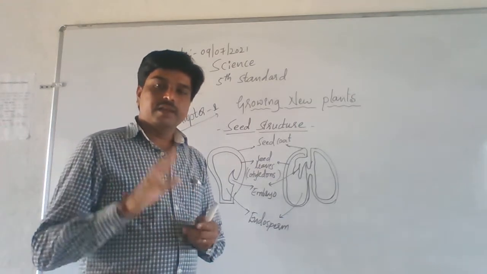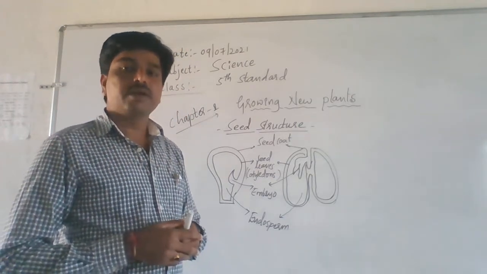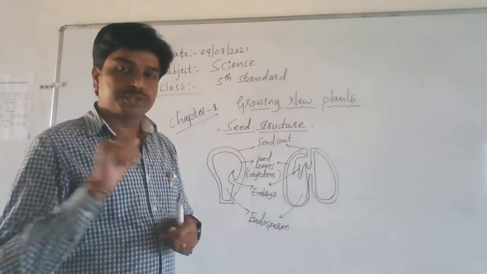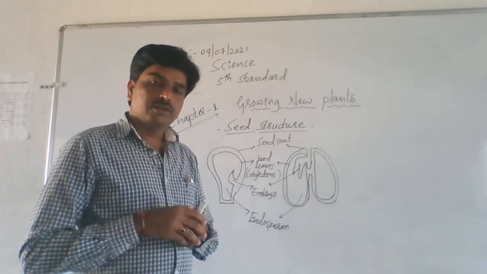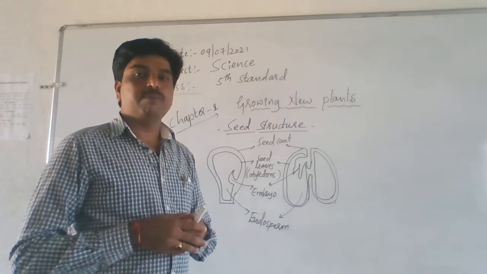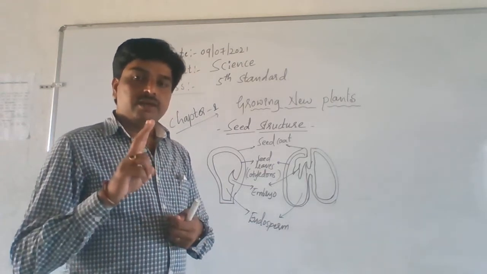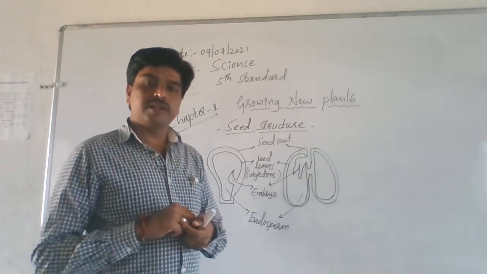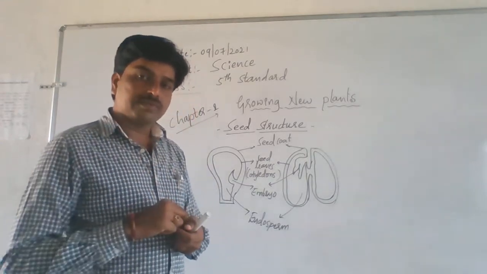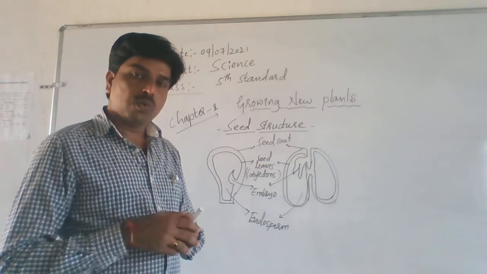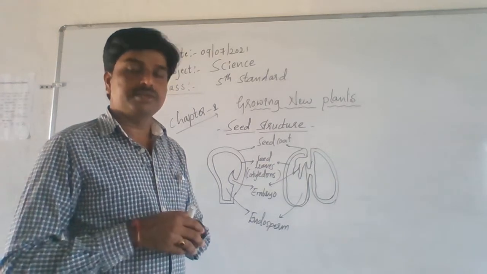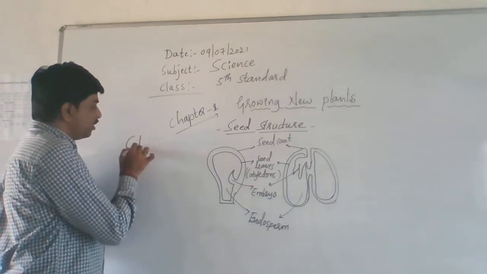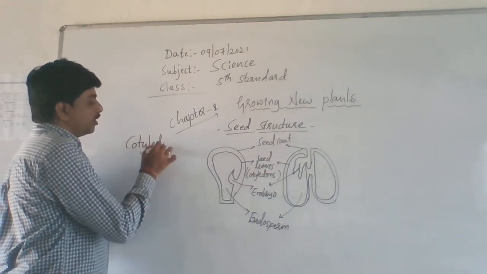Seed is a very important part of a plant in sexual reproduction. The seeds of plants are mainly classified into two types, depending upon their cotyledons.